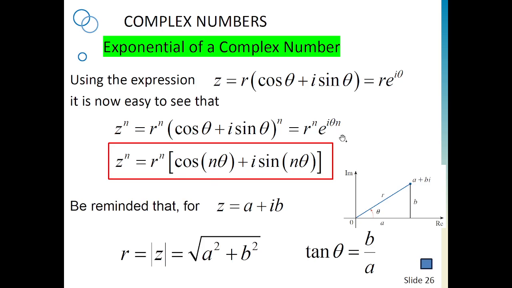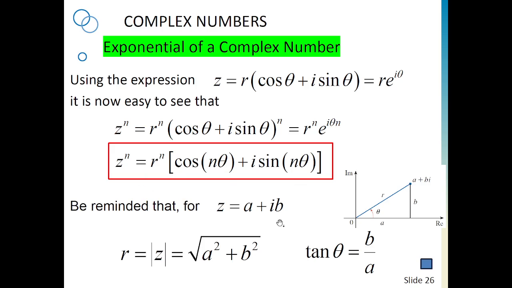From this Euler notation it's easier to see: when we put to the power n, we see the n's, and the angle is modified from theta to n theta. So suddenly putting complex numbers to powers is very easy.